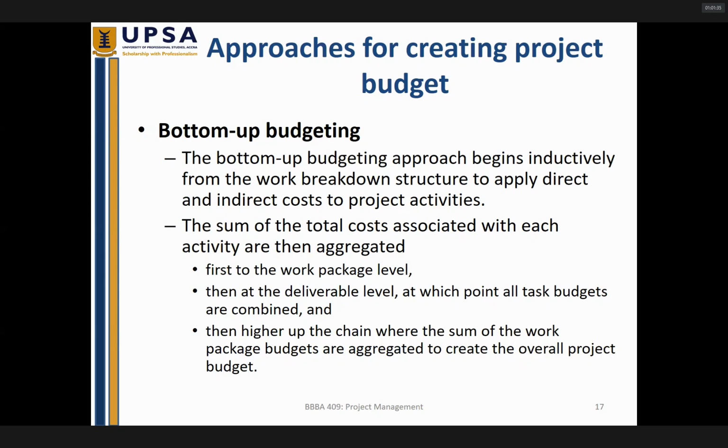So they start based on the work that will be performed. They make all the input and cost all the activities at the basic level. From there, they pass it up to the middle managers. They further build it up, adding other needed information. They project it further up, and then the top-level management also makes its input until the entire project budget is developed. So these are the two approaches.